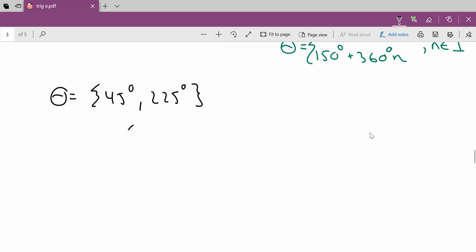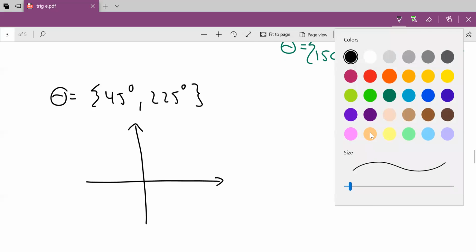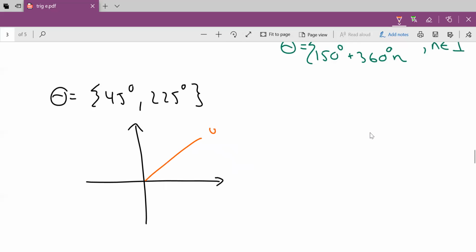Well, again, I draw a picture. 45 degrees is over here. 225 degrees is over here. And I say to myself, what's the distance from here to here? Well, it's a straight line, so it better be 180. And what's the distance in degrees from here to here? 180. Oh, there's a pattern this time.